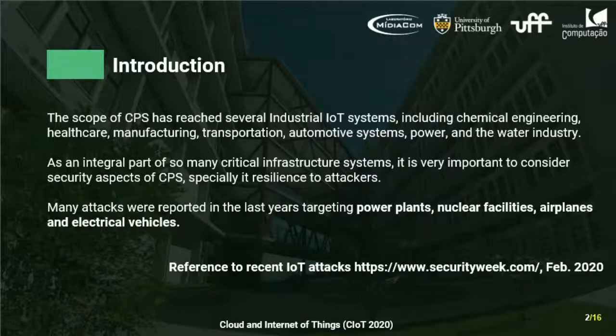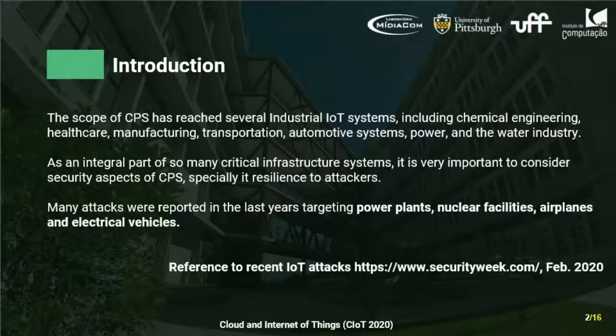To start, I would like to point out that cyber-physical systems make up our infrastructure of different domains, ranging from healthcare, manufacturing, transportation, automotive systems, power, and water industry.